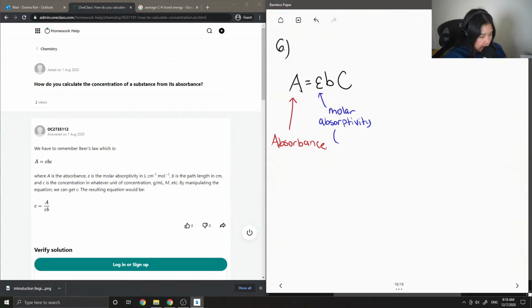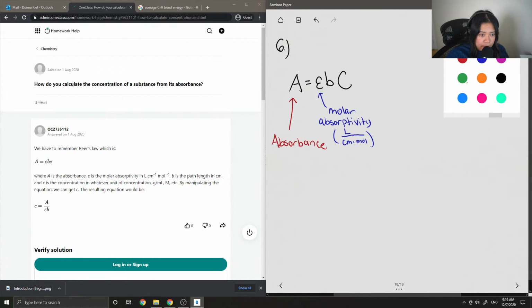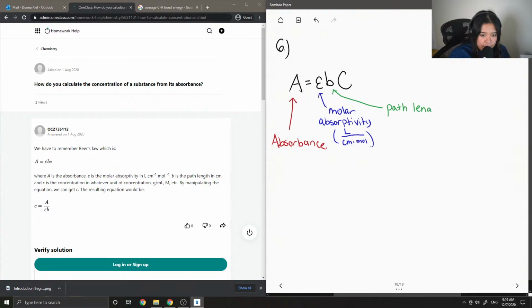Its units are liters over centimeters times mole. B is the path length. Most of the time it's 1 centimeter, but it just depends on what the question gives you.